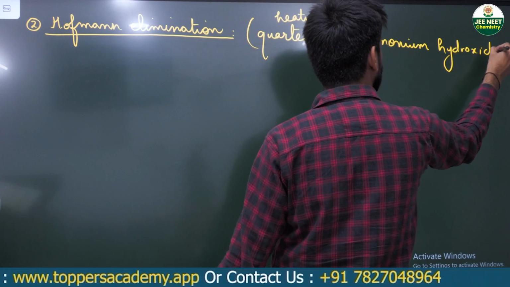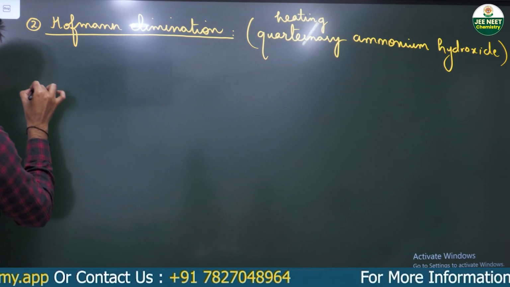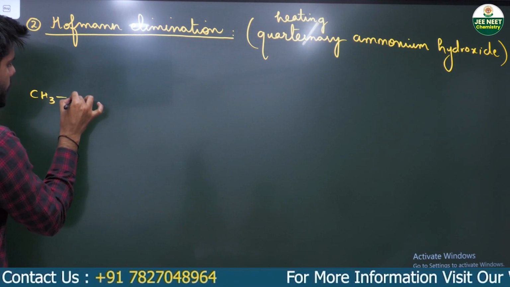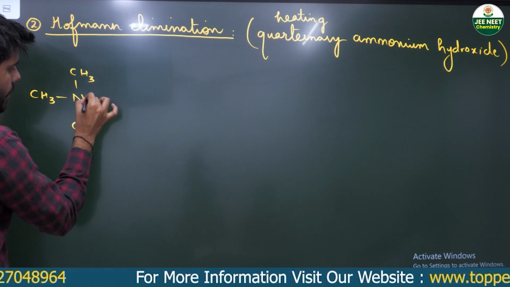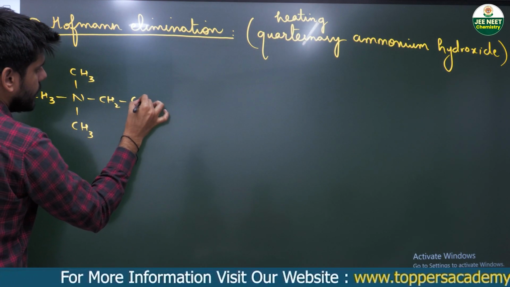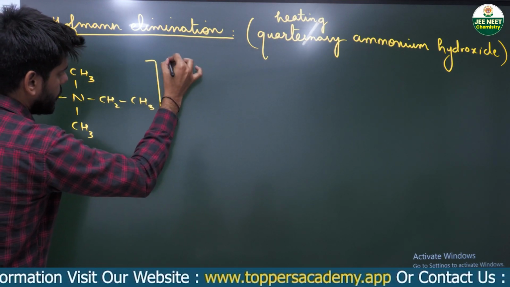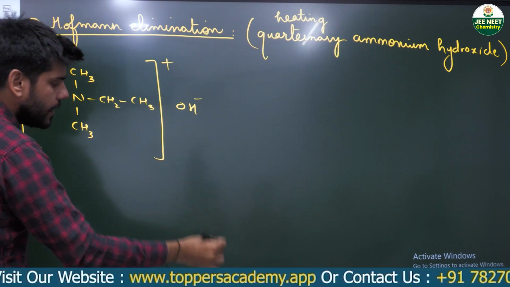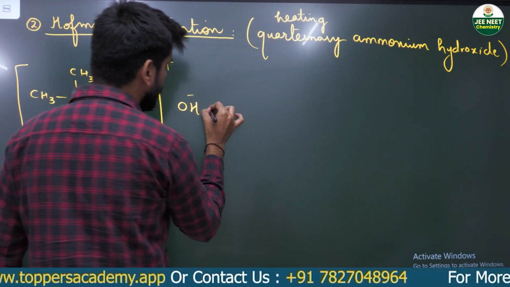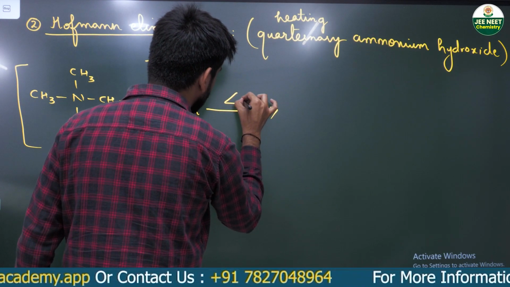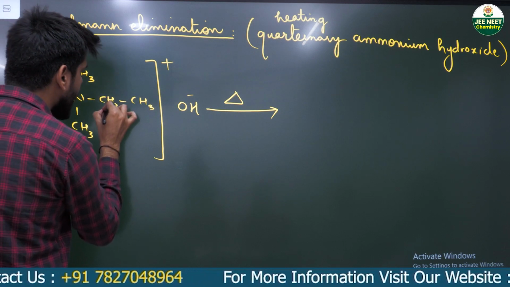Look here, this is important. Suppose I have CH3, CH3, CH3 and CH2CH3 on nitrogen, positive, OH minus. This is a quaternary ammonium hydroxide. Now when you heat it, you know what happens? This is the alpha hydrogen.